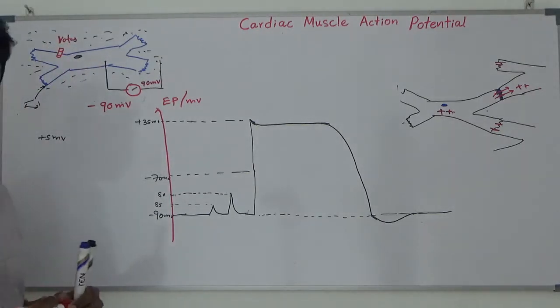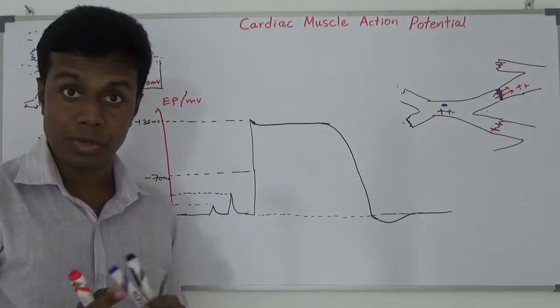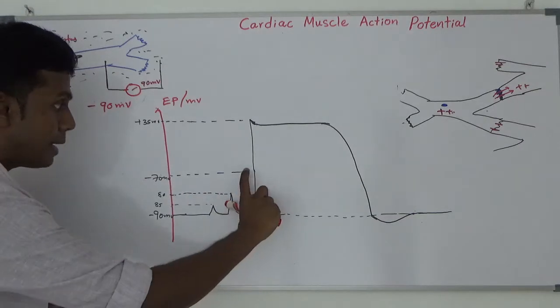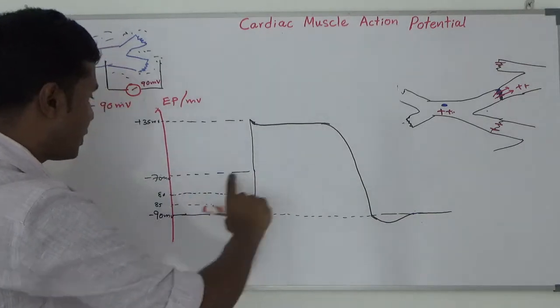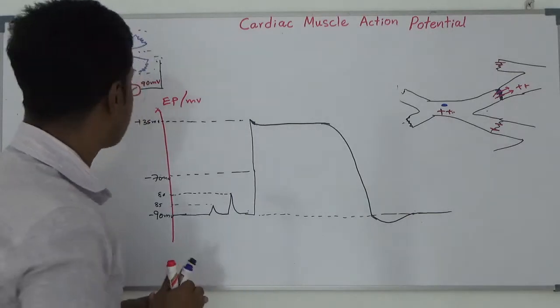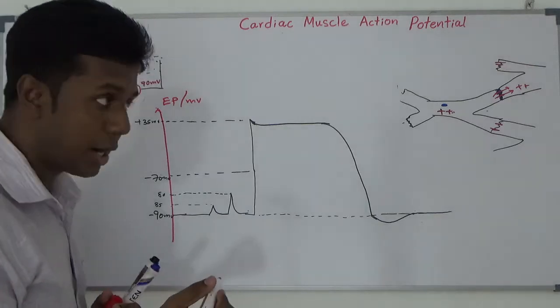That sodium channel is going to open once your cell becomes minus 70 from minus 90. If my electrical impulse is adequate to produce minus 70 millivolt, my cell is going to be depolarized. That means the sodium channel starts to open.